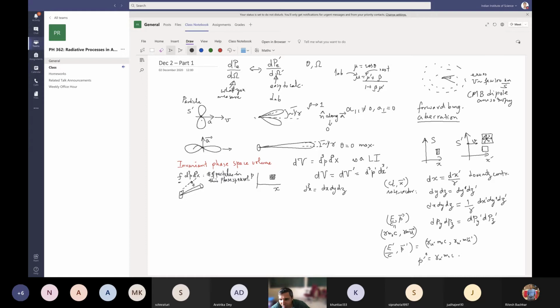So this is nothing but 1 minus U prime squared by C squared to the power minus a half, times m naught C. So the zeroth component of this 4 vector, and I'm saying that U prime is much less than C. So this is like m naught C times 1 plus order U prime squared by C squared. So this is actually small.